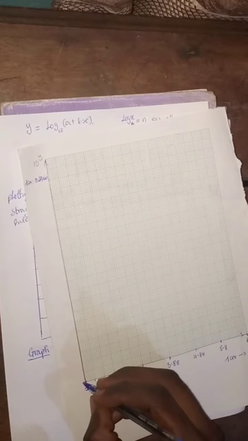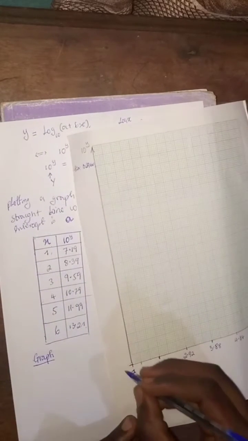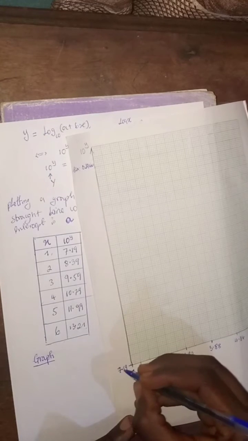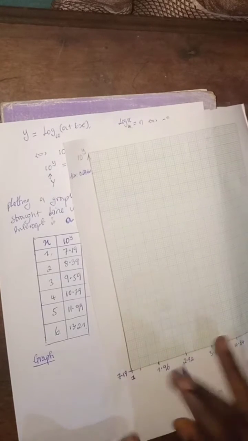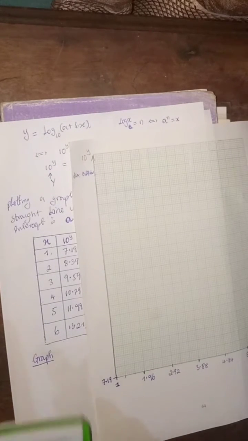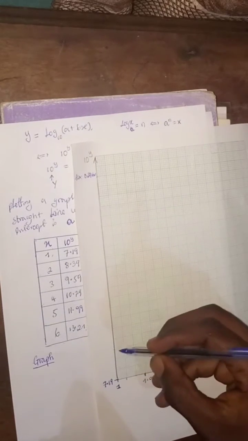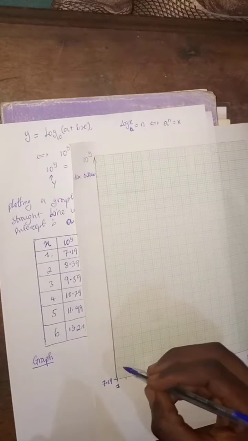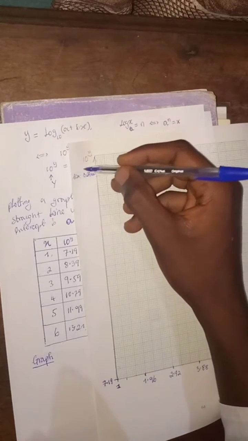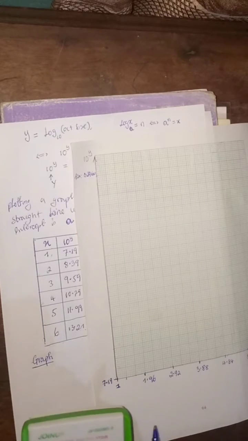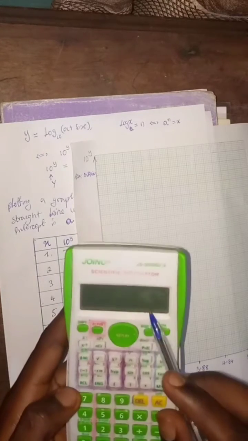My graph's first value is 7.19. Since I want to skip 3 lines before adding, I'm going to multiply this value by 3. So I have 0.29 times 3. It gives me 0.87.